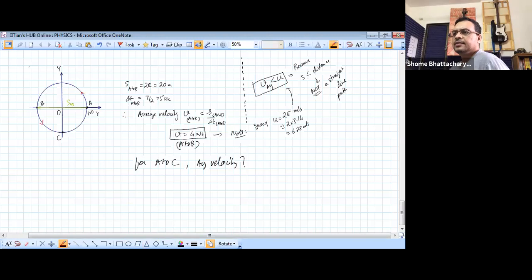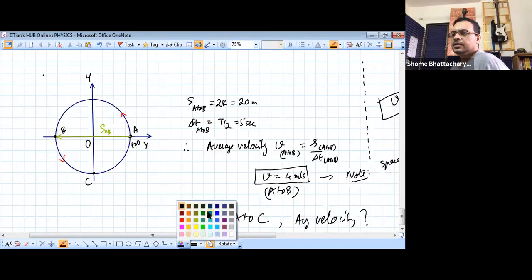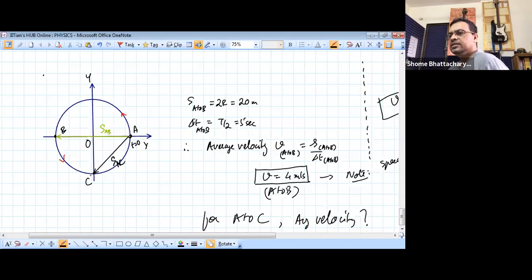Okay, so in the same diagram, you can see that for the motion from A to C, our displacement is this one. From A to C. It reaches C at a time of 7.5 seconds, whereas it had reached B at a time of 5 seconds.